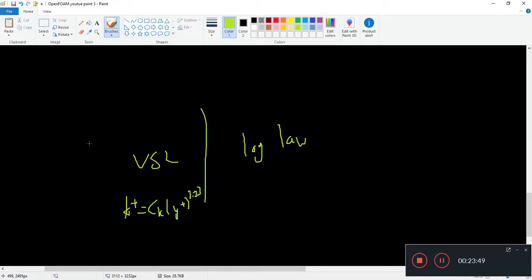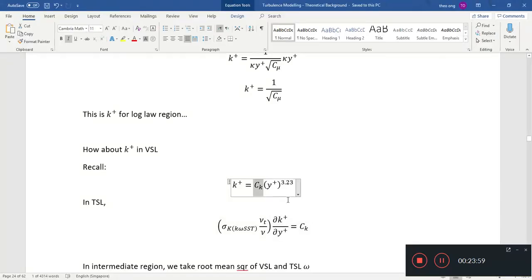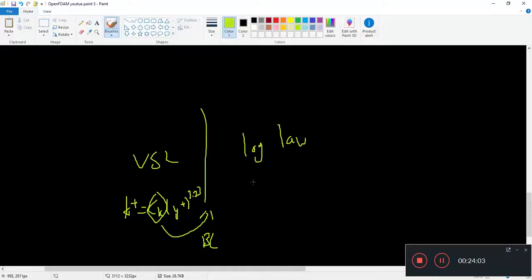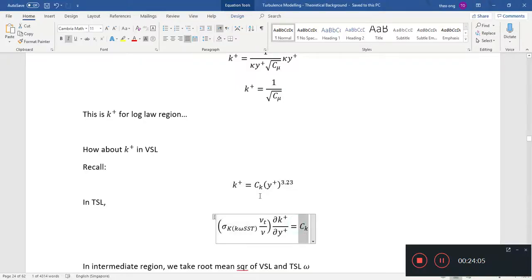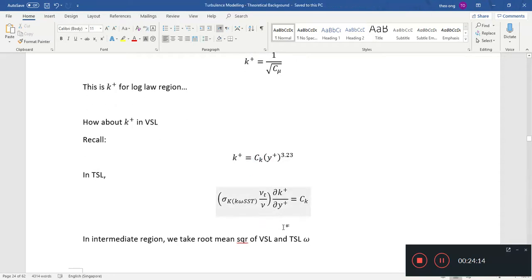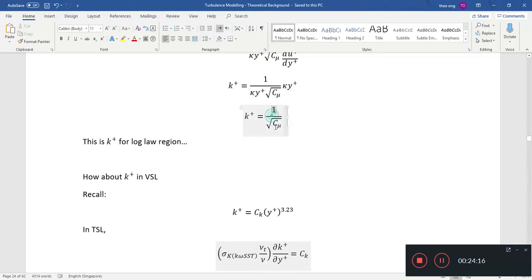So where does this Ck come from? It comes from the boundary condition here, between the viscous sublayer and the log-law region. So this whole term here equals Ck. When you fit in the boundary conditions, you'll get Ck here. I'm not going to go through it in detail, but we can quickly prove that Ck equals 0.